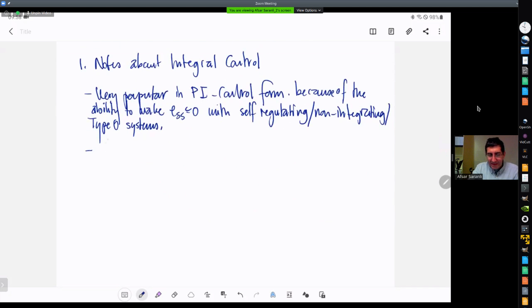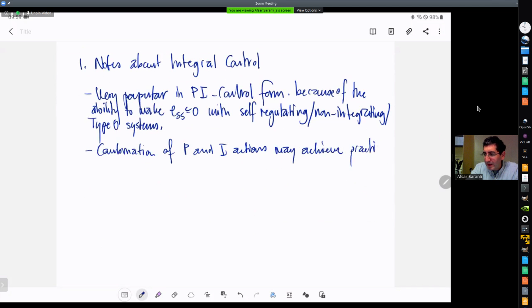We have also seen that a combination of P and I actions may achieve practical stability with the ESS equals 0 property.